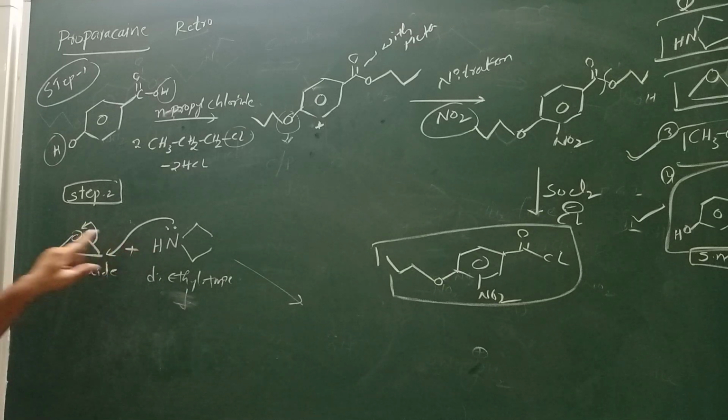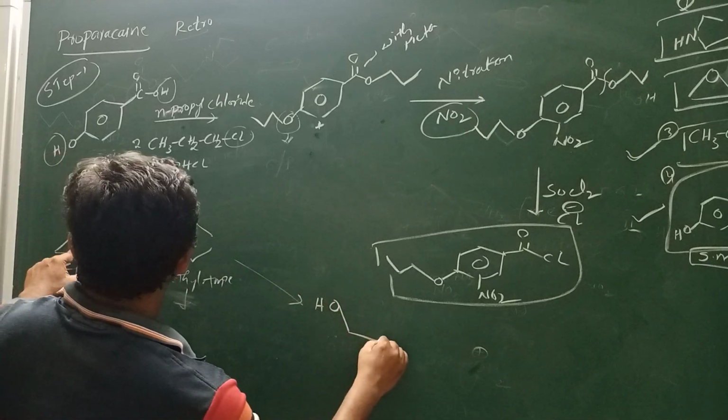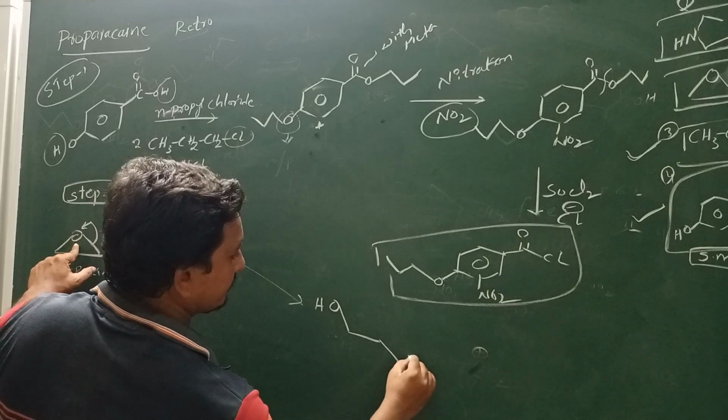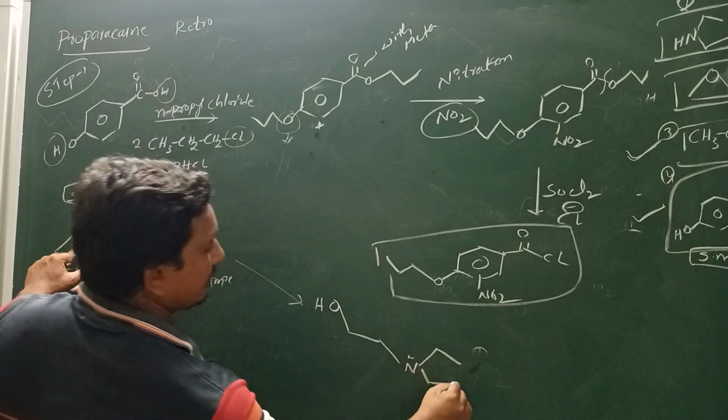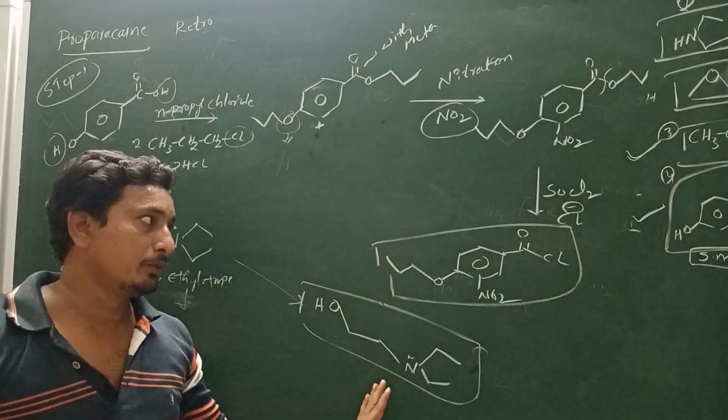Here H plus replaces O minus and it is converted into OH like this. This is the step 2 product, after the step 1 product.